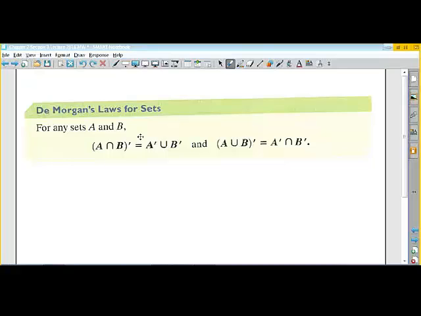There are equivalent ones for logic, which we'll talk about in Chapter 3, which are used in computer circuits. You can design computer circuits to perform operations like intersections or unions, but some are much more easily built than others. So what you do is you use these similar types of laws to substitute circuits that you can't build with circuits that you can build.